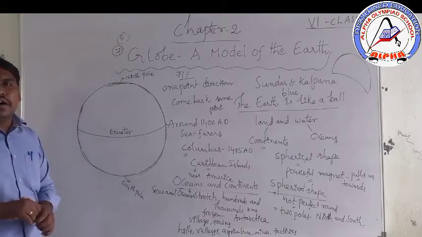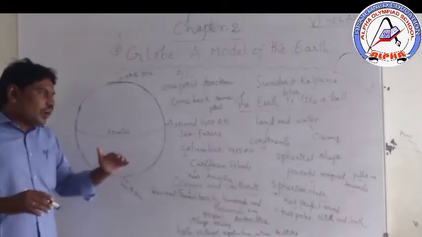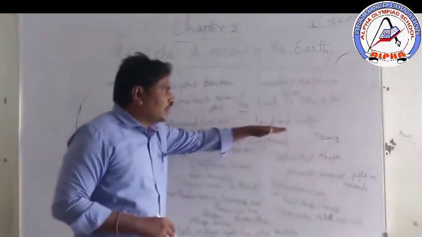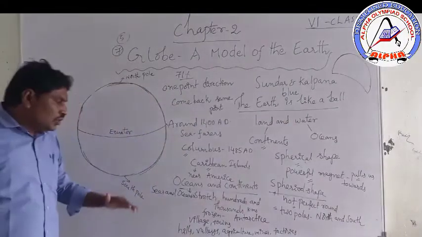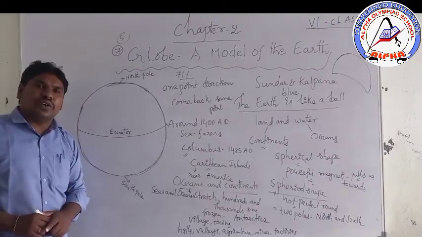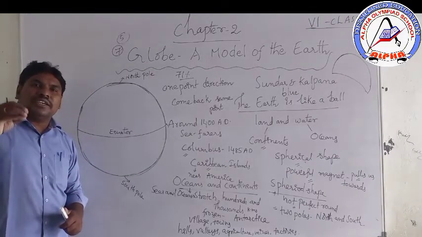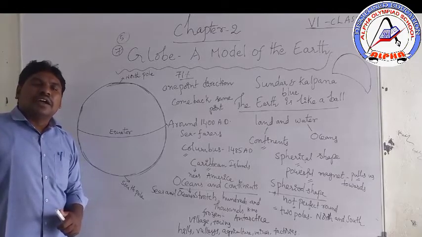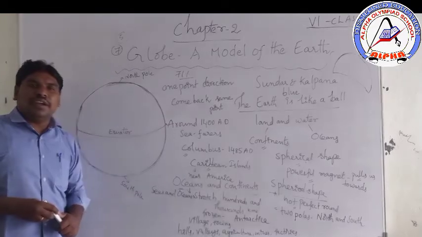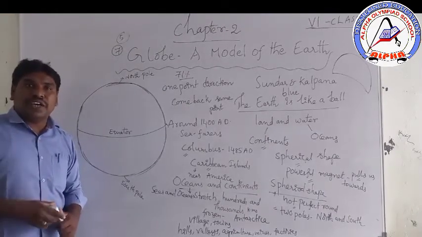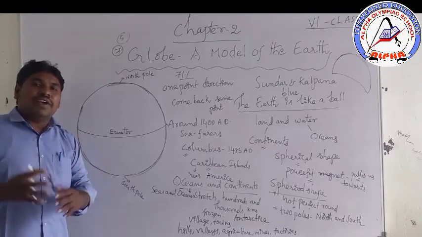Total 7 continents. Continents are land, oceans are water. You know from lower classes also, the biggest continent is Asia. Our India and some other countries belong to the Asian continent. Asia is the largest continent in the world. Second, Africa.